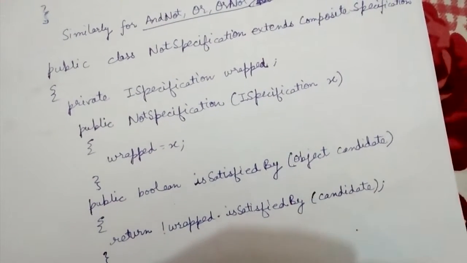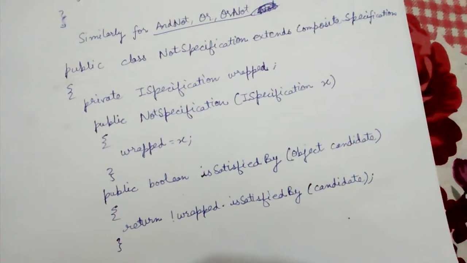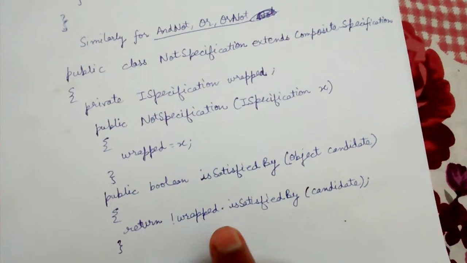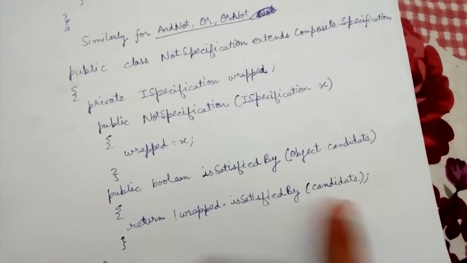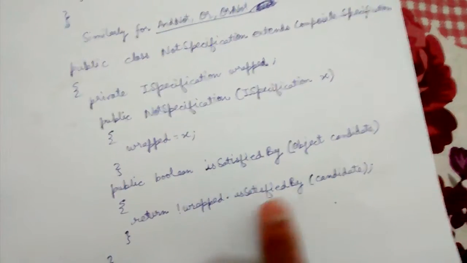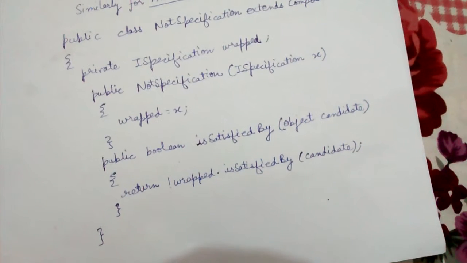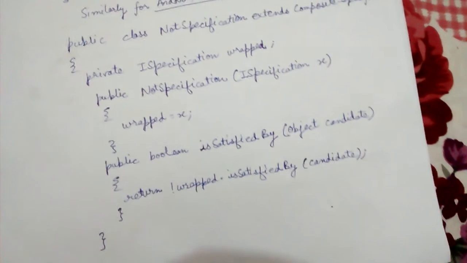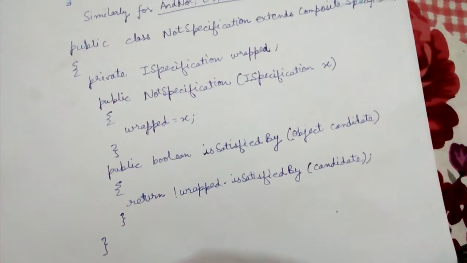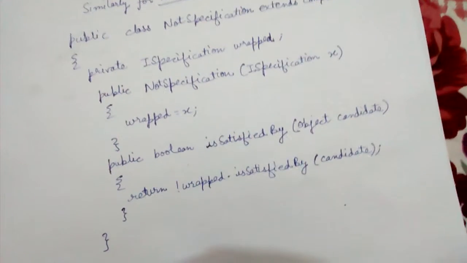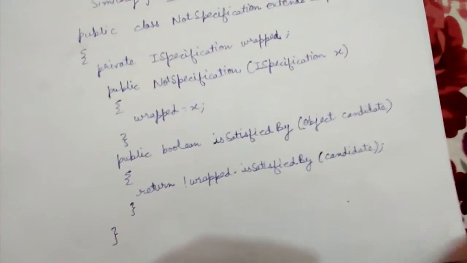So it returns NOT of wrapped.isSatisfiedBy. If whatever is wrapped inside me says that it is not satisfying this business rule, then I will say I am satisfying. If it says it is satisfying this business rule, I will say I am not satisfying it. So that's it. And let's look at the last page.